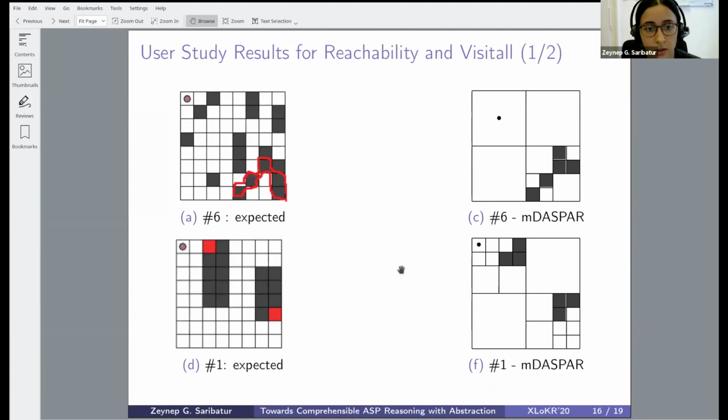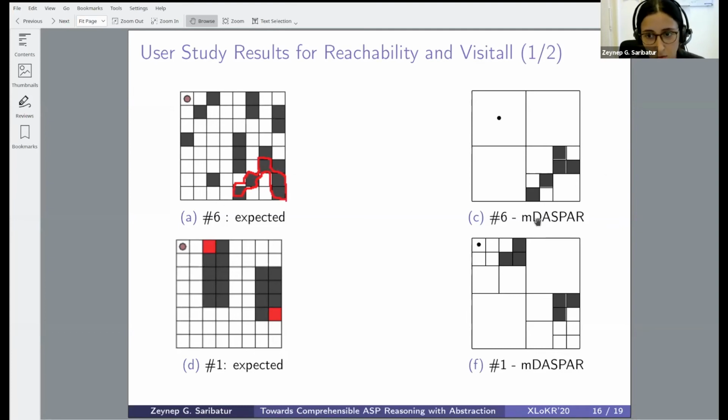We gathered the results from the users, and then we ran our tool to automatically find an abstraction that realized the unsatisfiability of the program. We were happy to see that the tool indeed had the ability to zoom in to the part where the users were also focusing, like to show the obstacles.